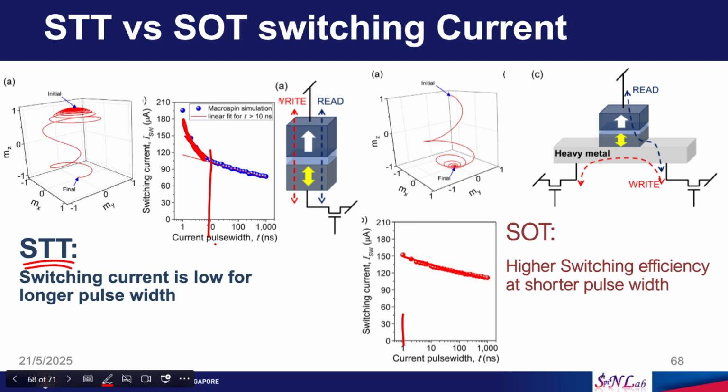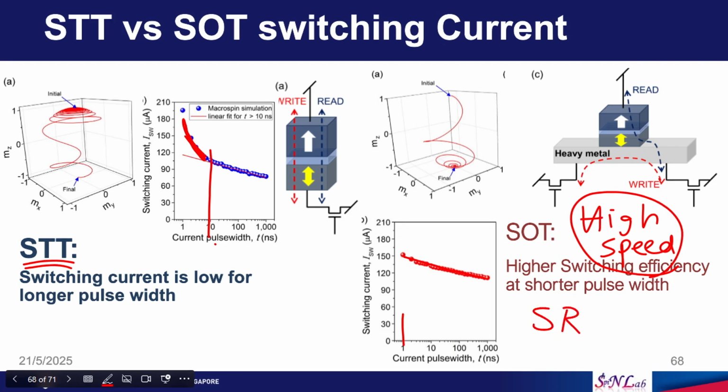So, SOT MRAM helps to achieve high speed. Because of this reason, people are thinking of using SOT MRAM as a replacement for SRAM. SRAMs also operate at high speed, around 1 nanosecond.